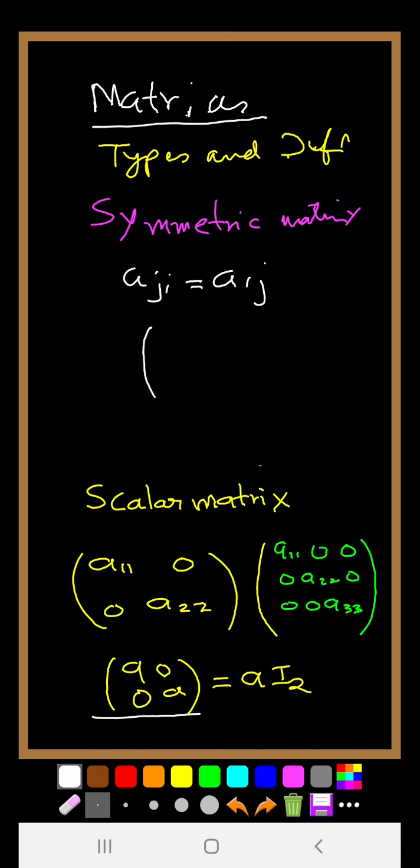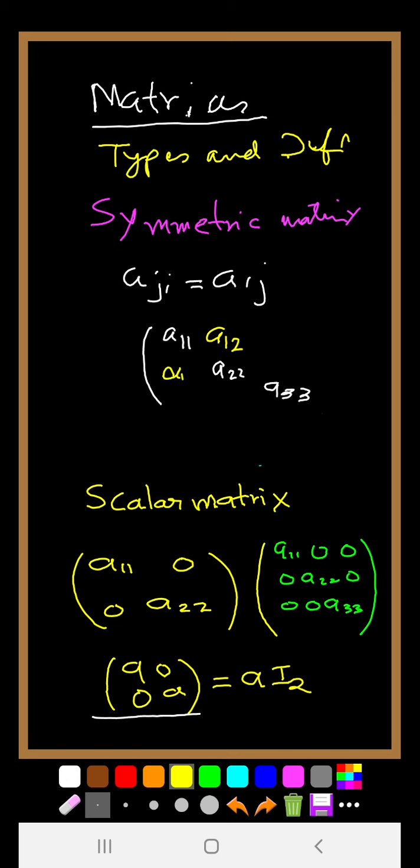You have a11 here, a22 here, and a33 here. Apart from that, for all the other elements which have different i and j values, like we have A12 here, it should be equal to A21.